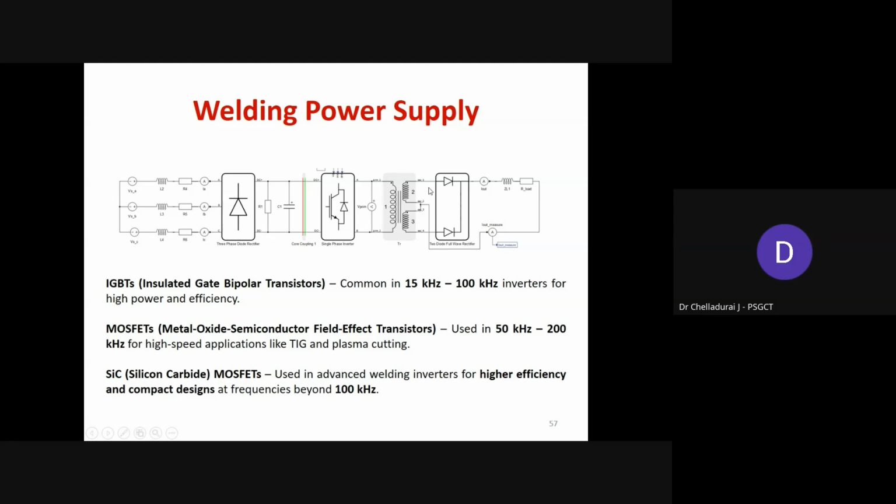So now we can get very low voltage by using this very high frequency step-down transformer. Then again we can convert AC into DC. So finally here we will get low voltage, high current DC output. Again here with respect to the load demand, different switching frequency requirements are given.